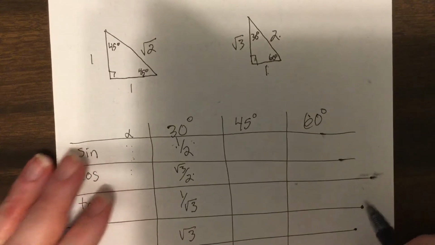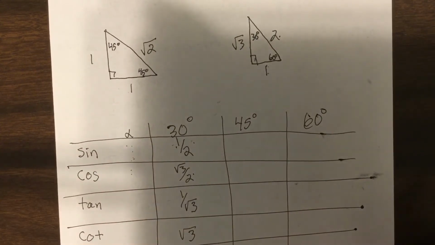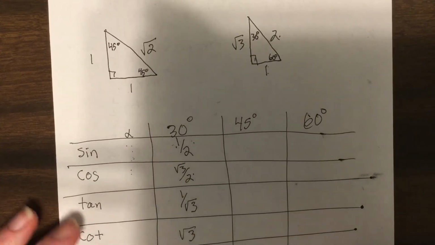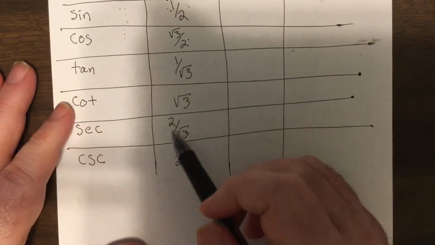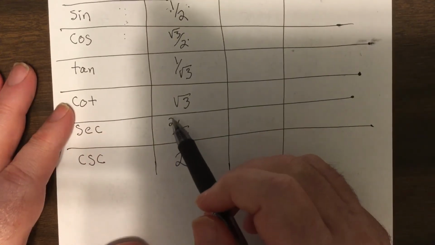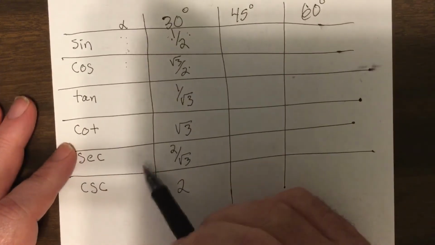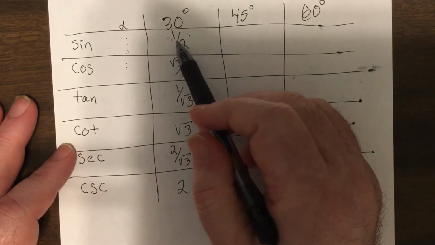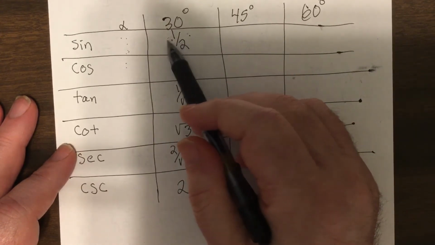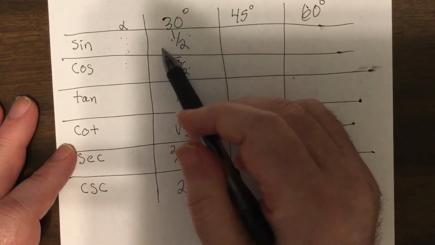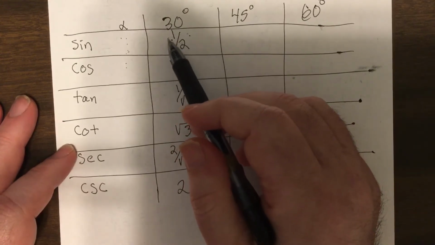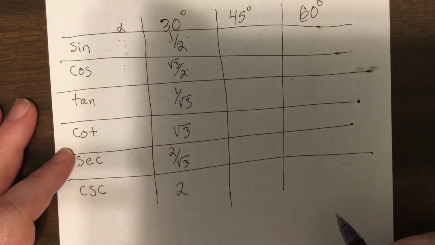So if I asked you a test question, can sine equal 4? You would say no. But the reciprocal can be bigger than 1. In fact, the reciprocals cannot be smaller than 1.